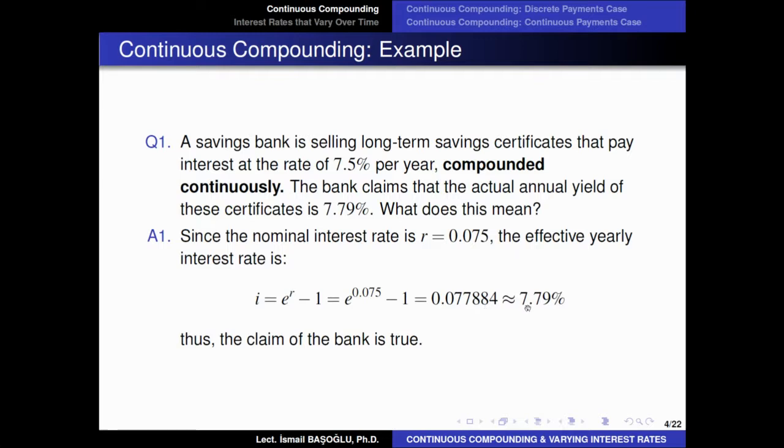As a percentage and rounded, it is approximately 7.79%, right? So you see, even though the nominal interest rate is 7.5%, the actual yield of this certificate as interest is 7.79% due to the continuous compounding.